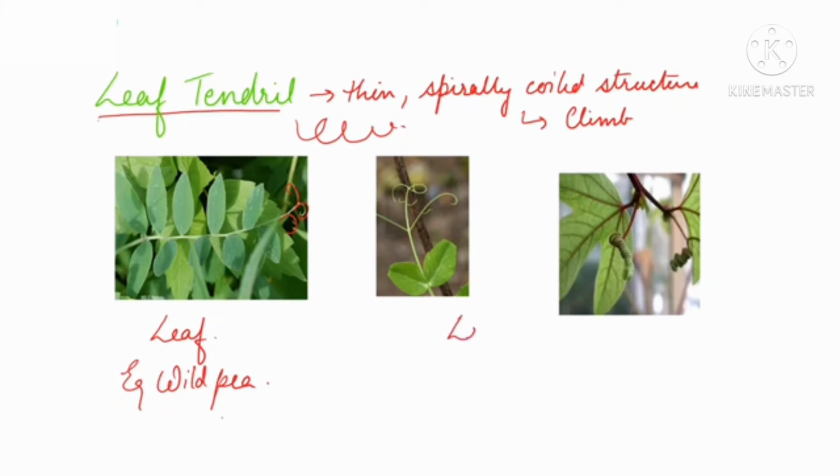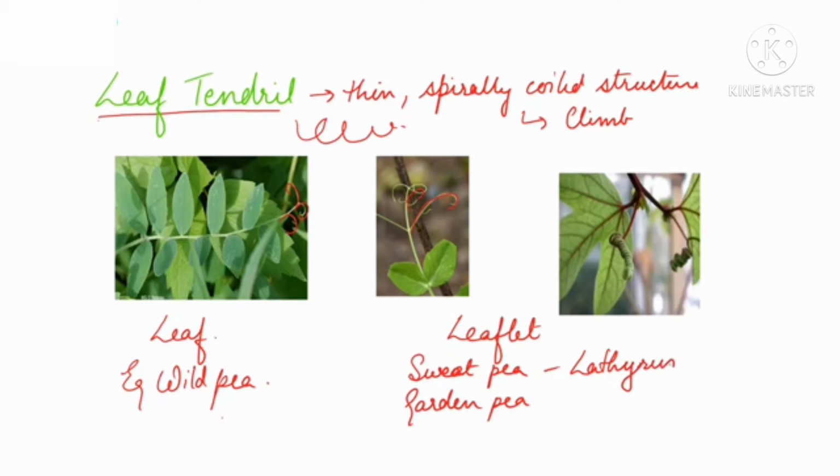Wild pea, where the leaf is modified. Then in the leaflet type, sweet pea. Other examples are Gloriosa and garden pea.